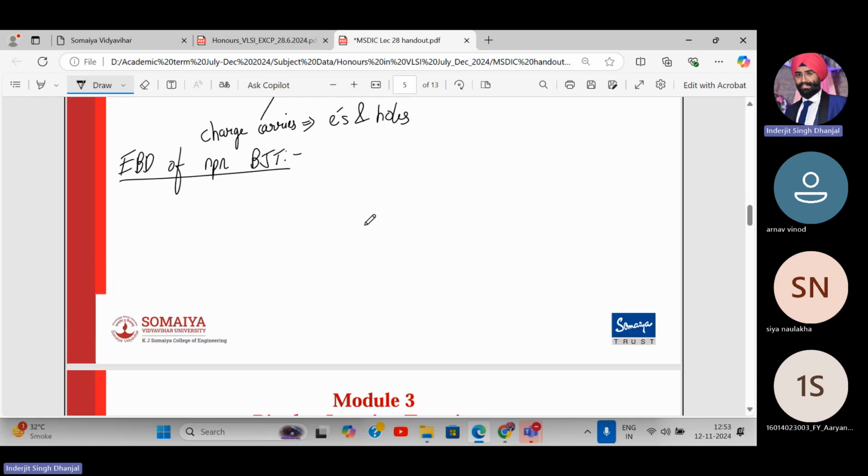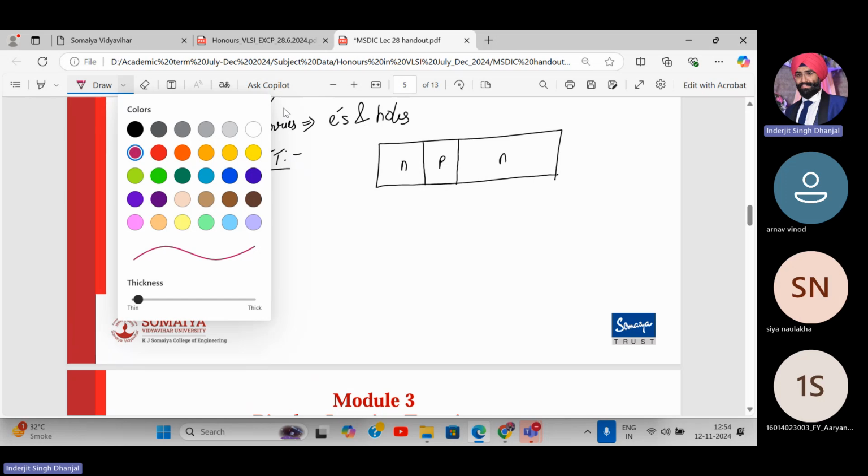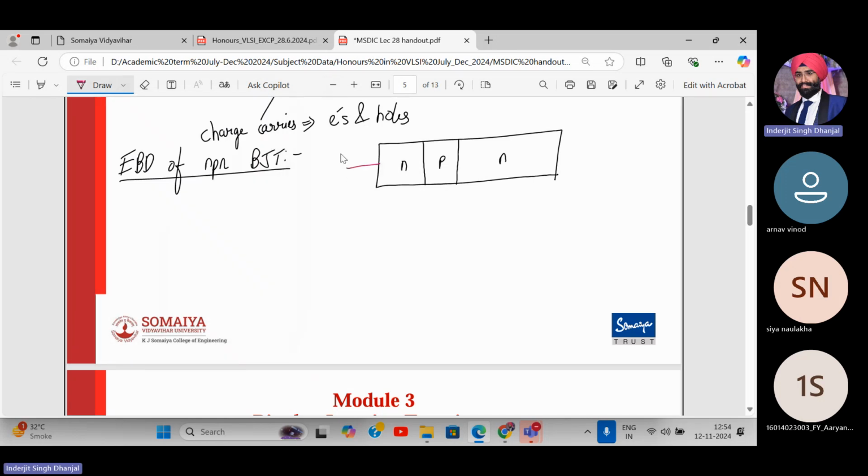Okay. So let us say we have an NPN transistor like this. The emitter region over here, the base is P. So this is my N, P, N. Please mark it. This is my emitter terminal, this is my base terminal, this is the collector terminal.